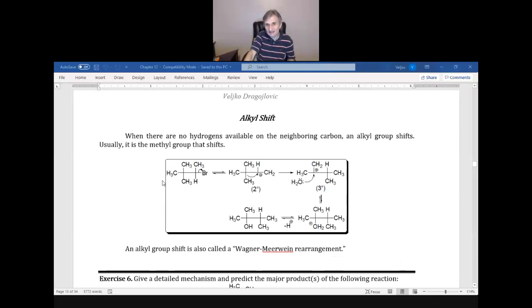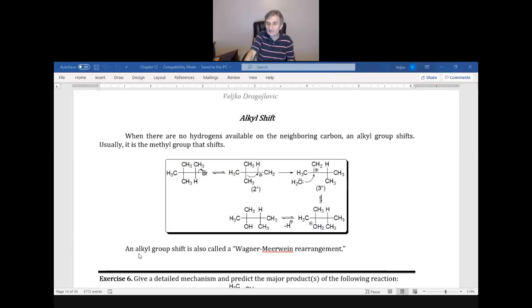Previous rearrangements involved hydride shift. Alkyl shifts are also common. So again, a secondary carbocation. In this case, there are no neighboring hydrogens that can shift, but an alkyl group can shift, and then the shift of the alkyl group gives a tertiary carbocation, and then reaction with a nucleophile followed by loss of a proton gives the final product.